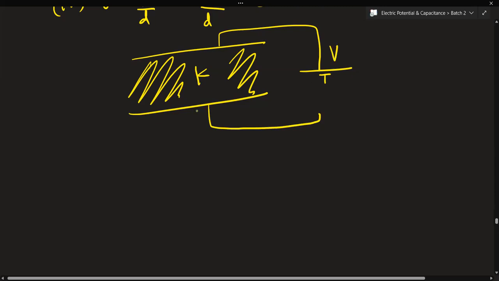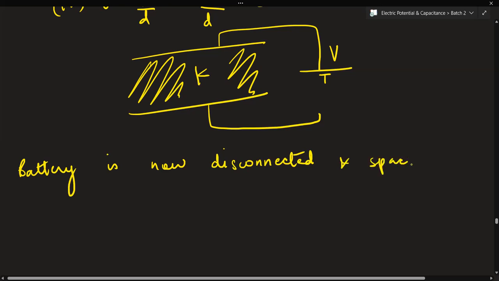This is the dielectric constant, but I have disconnected it. Which is this case? Battery is now disconnected. And again, the space is filled with dielectric constant.